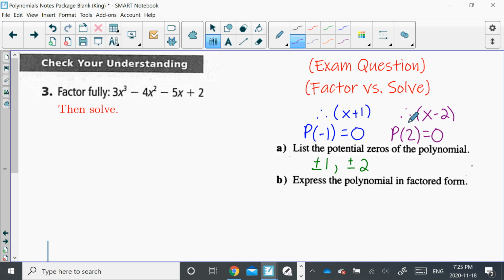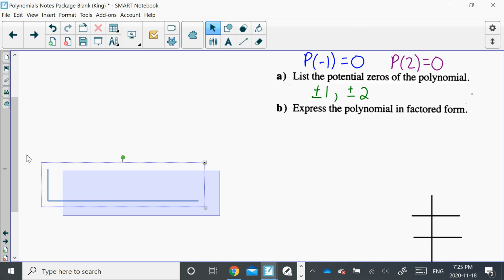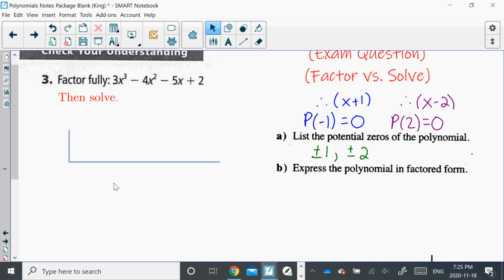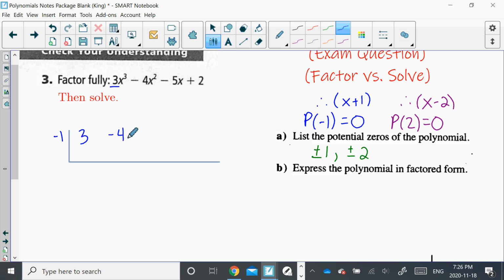From here, we're going to use synthetic division. Pick one of your zeros, and we're going to synthetically divide. I'll take this first one, -1. So I'm going to take the zero of -1 and write my coefficients: 3, -4, -5, and 2.